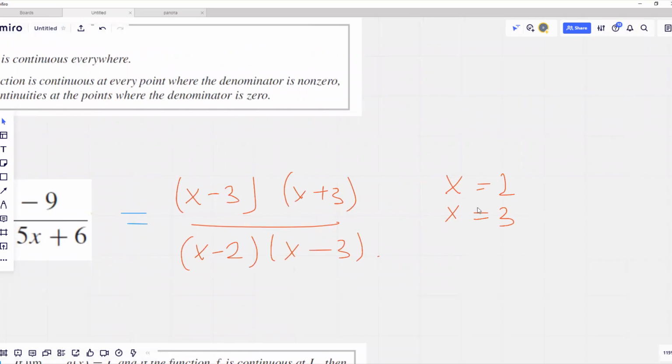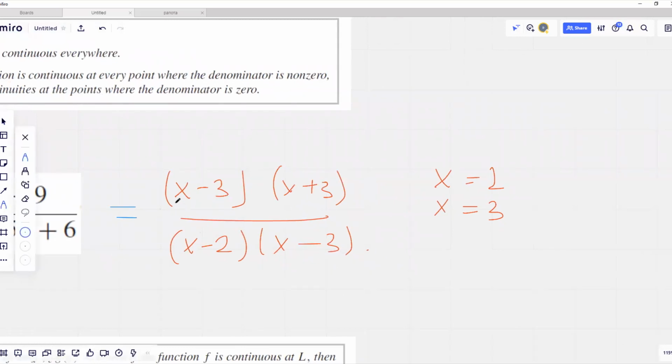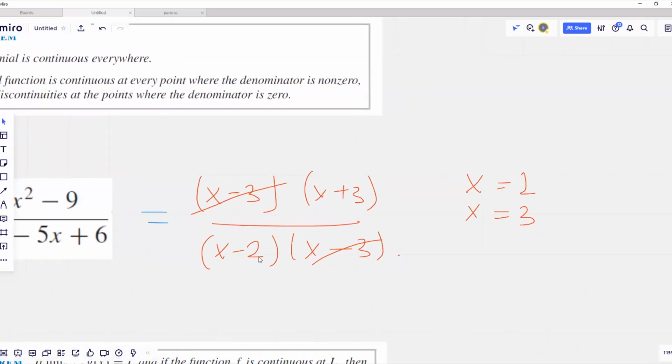At these 2 points, our function will be discontinuous, and on top of that, we can see that at x is equal to 3, we have a removable discontinuity. And at x is equal to 2, this rational function has an infinite discontinuity since it blows up.